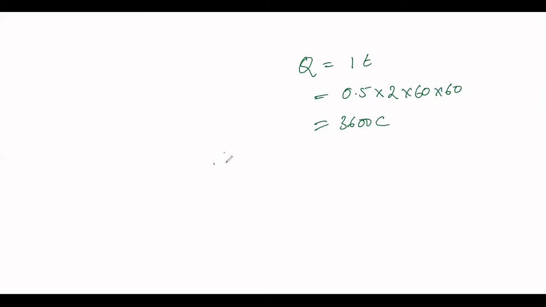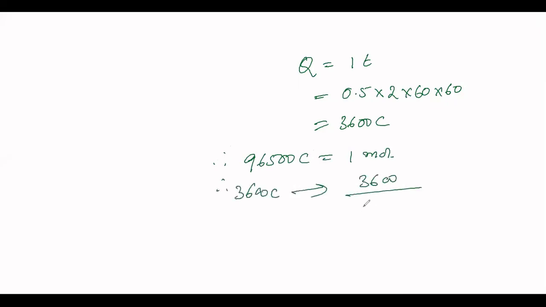Okay, so you know that 96,500 coulombs corresponds to 1 mole. Therefore, 3,600 coulombs must correspond to 3,600 divided by 96,500. This gets cancelled, 36 divided by 965. So this should be 0.037.